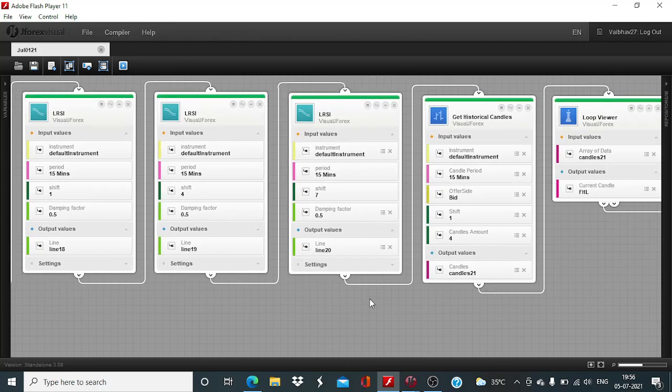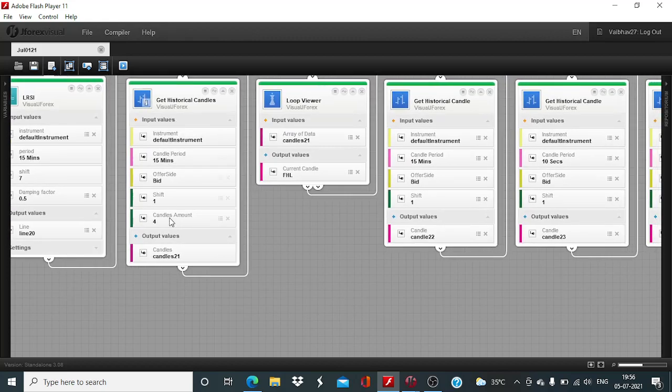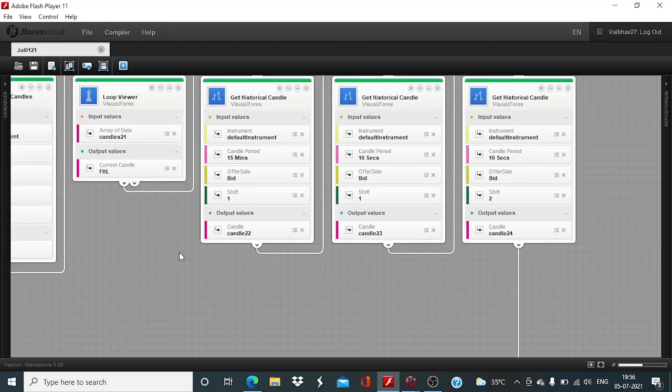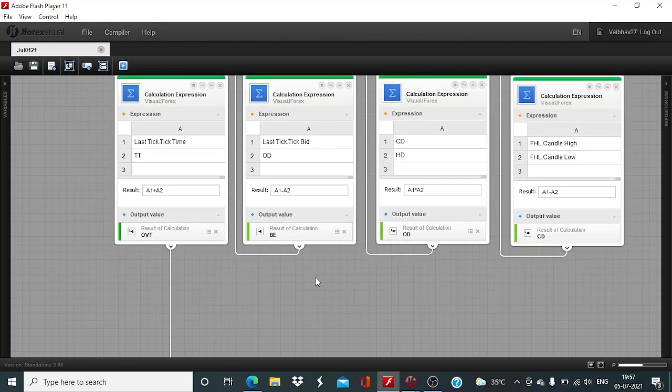And to look at the price action data, we are also relying on the gate historical candles. This will be the cluster of 4 candles, 15 minutes each. And apart from that, these individual single candle blocks, the gate historical candle of varying time periods, have also been added. To define certain requirements, these calculation expression blocks have been used.